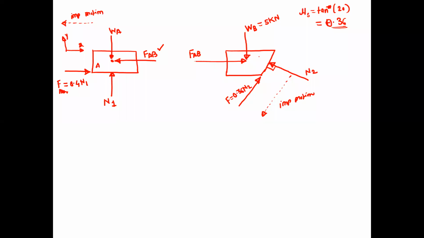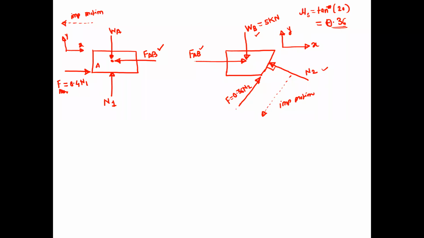But if you observe the second FBD, then WB and FAB are exactly in the X and Y direction, but two forces are inclined. So you can assume this as a reference axis. So this is X axis and this is the Y axis.